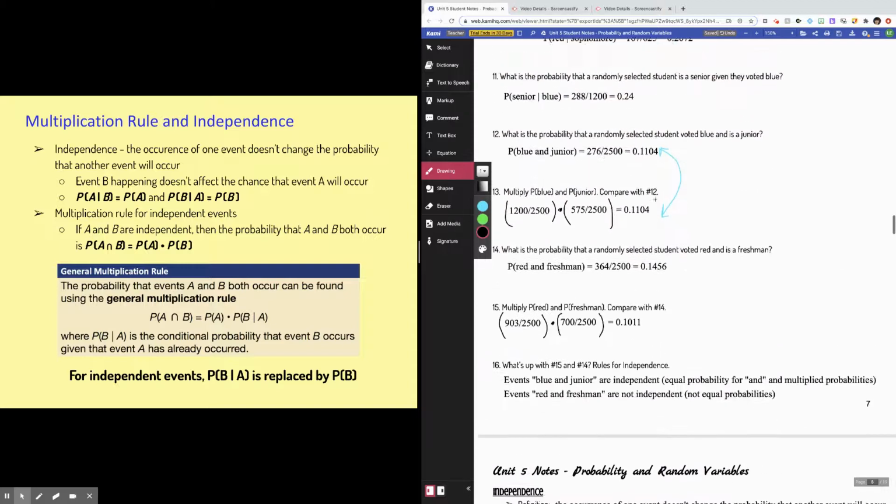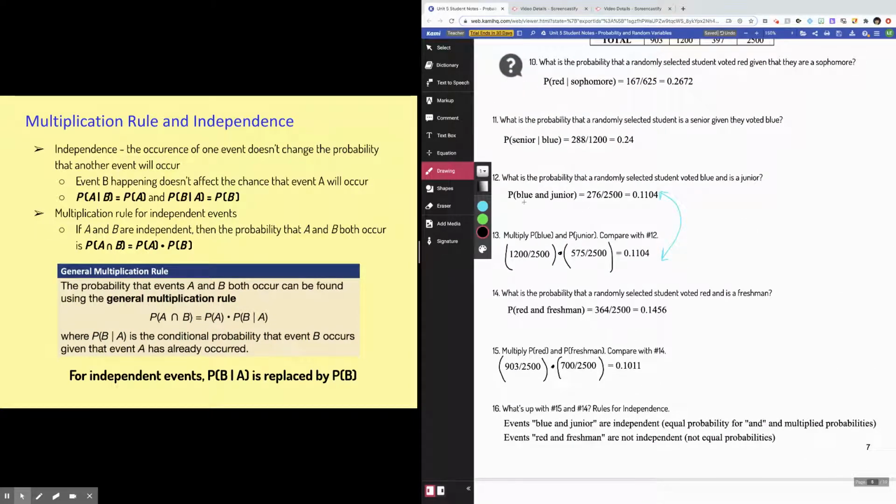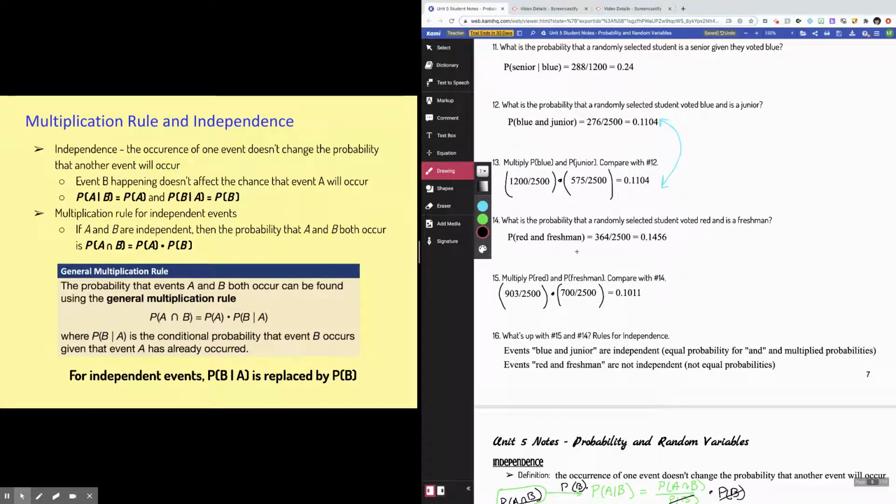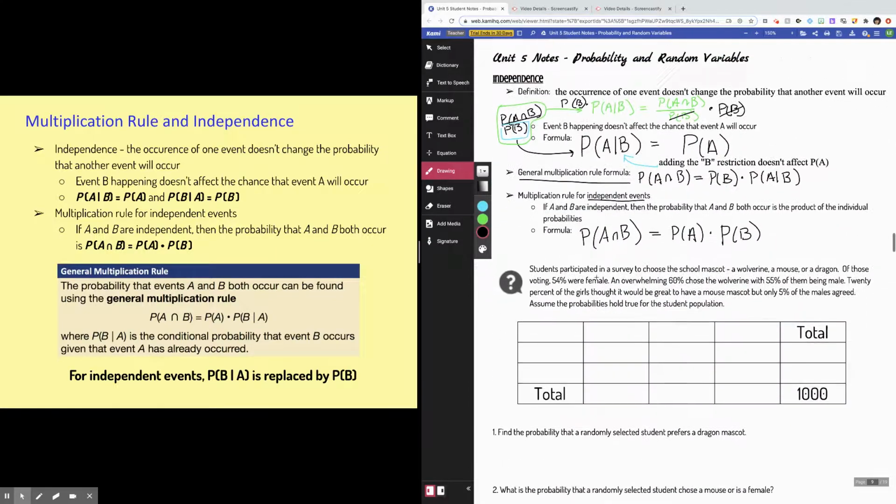So in the previous examples that we did, the events blue and junior were independent. So the and probability was equal to the product of the individual probabilities. The events red and freshman were not independent. So the and probability was not equal to the product of the two individual probabilities, okay?